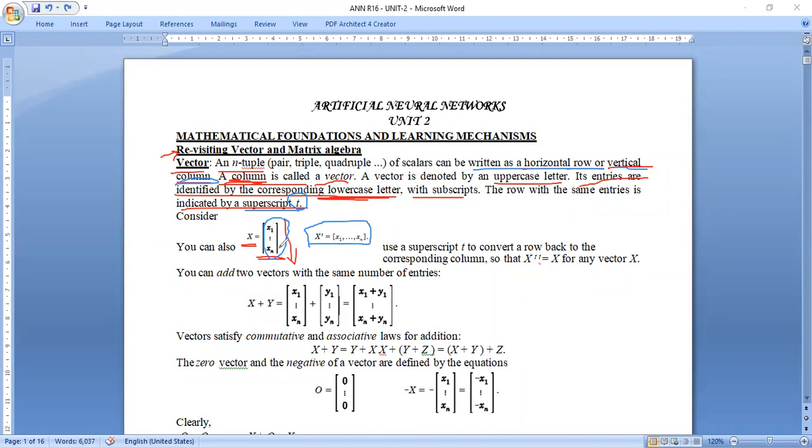A vector may be represented by using a vertical column or a horizontal row. But whenever you want to represent your vector as a horizontal row, then you should use one superscript. That superscript letter is T. Capital X to the power of T equals x1, x2, xn. The data values are the same here and here. For example, you may take it like this.